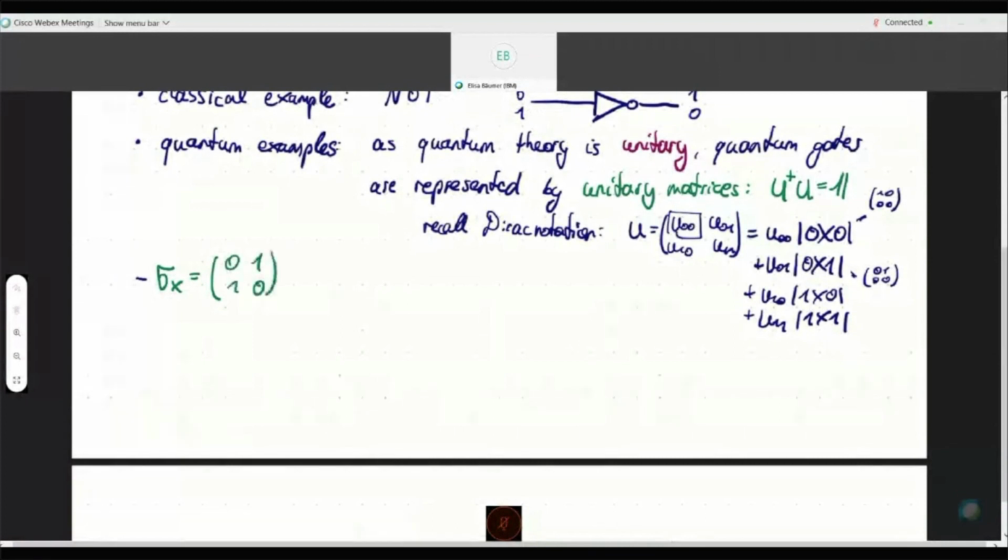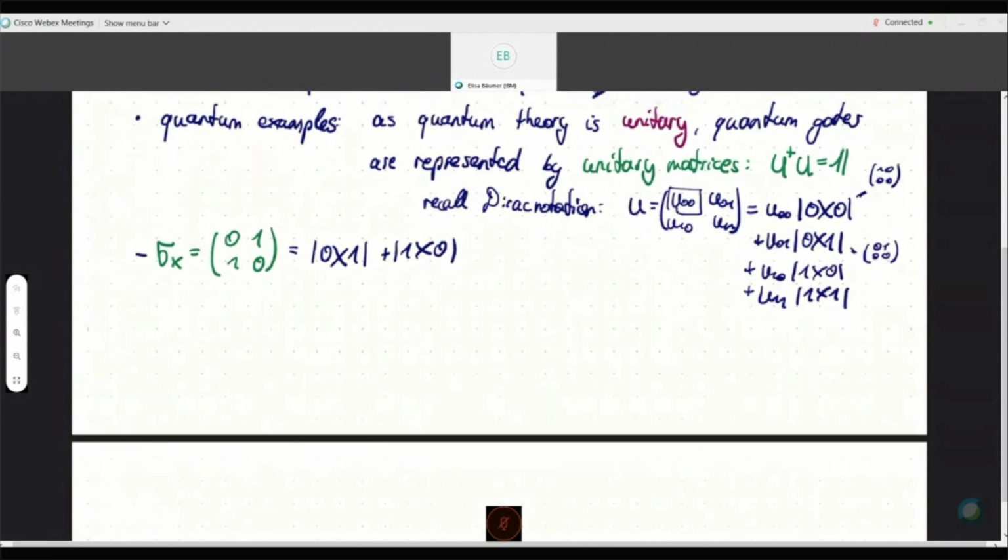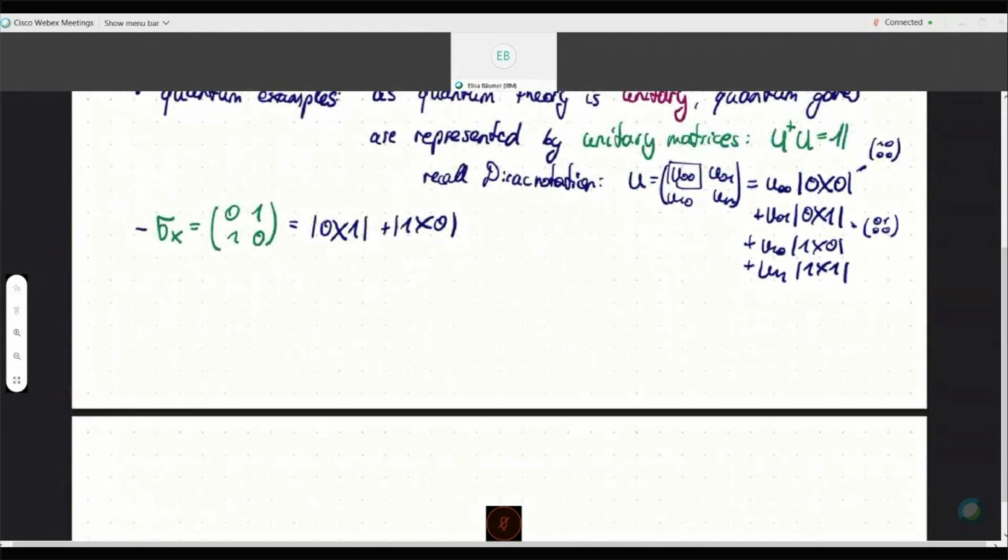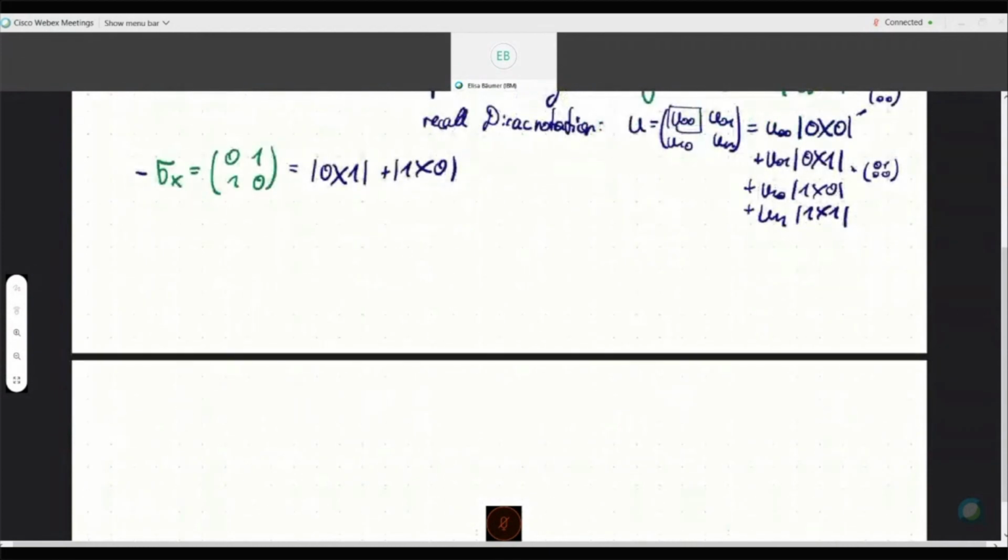The Pauli X gate is given by 0, 1, 1, 0. Writing this in Dirac notation, the prefactors are just 1 and the other elements are 0, so this would be our Dirac way of writing this Pauli gate.